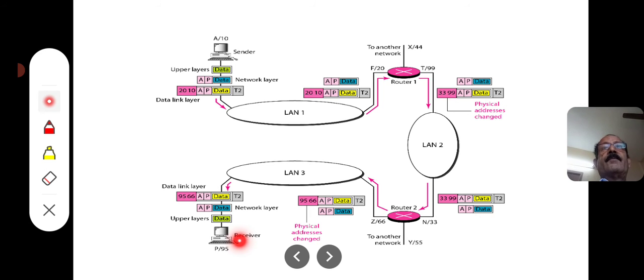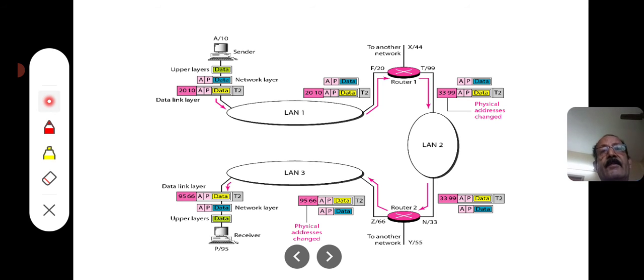Then the packet goes to the next layer, the data link layer. The data link layer adds a header and trailer. The header contains physical addresses. The trailer contains error related information and some metadata. See the addresses here. It is from 10 to 20. From 10 means from A. A has physical address 10.